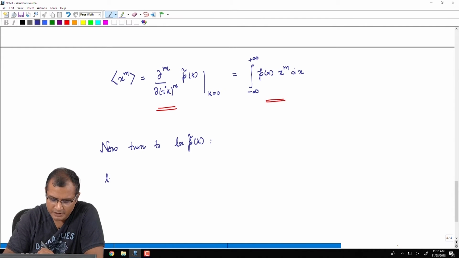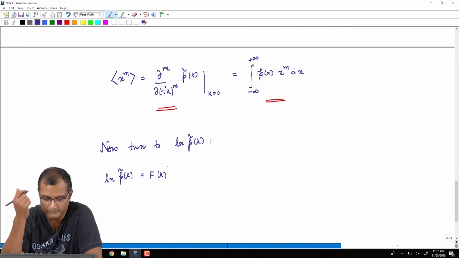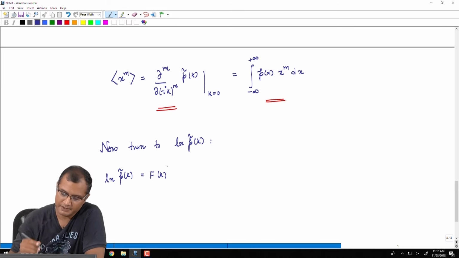So, let us denote this logarithm of p of k as some function of k. We know it is a function of k because p of k is a function of k.